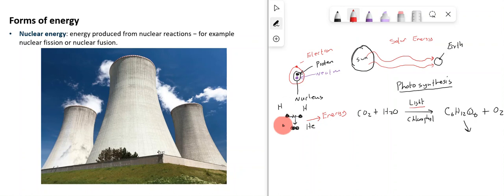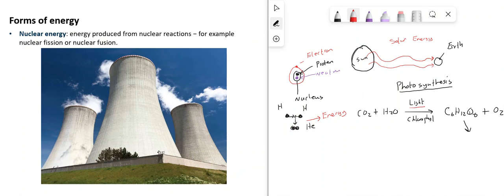It fuses two atoms together, and when it fuses them together, it releases huge amounts of energy in the form of solar energy. When you look at the sun, it's basically a controlled nuclear explosion that's happening in space.